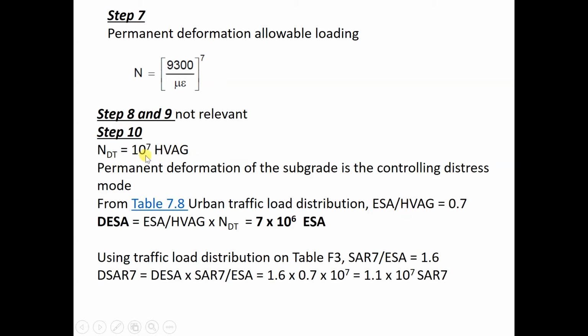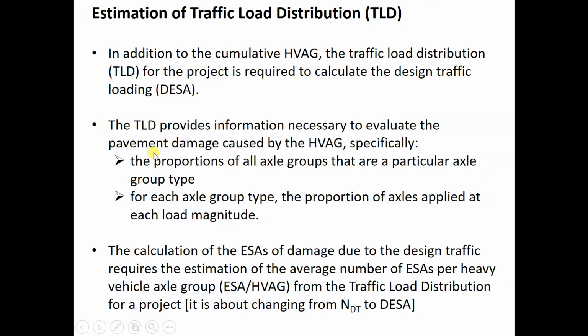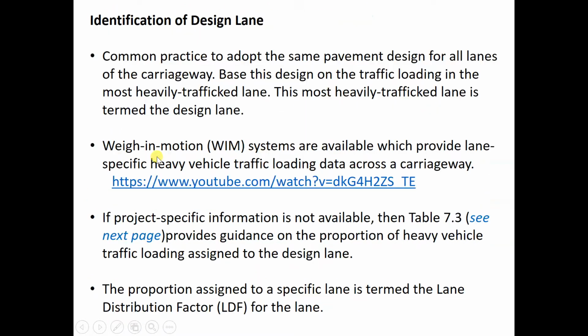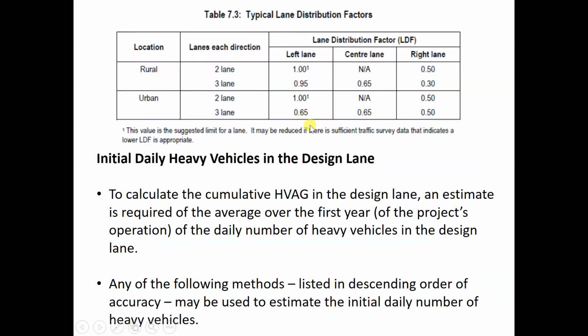The NDT is in terms of HVAG. We remember that previously, in the design traffic, we talked about the NDT, the cumulative heavy vehicle axle groups. The unit is HVAG.